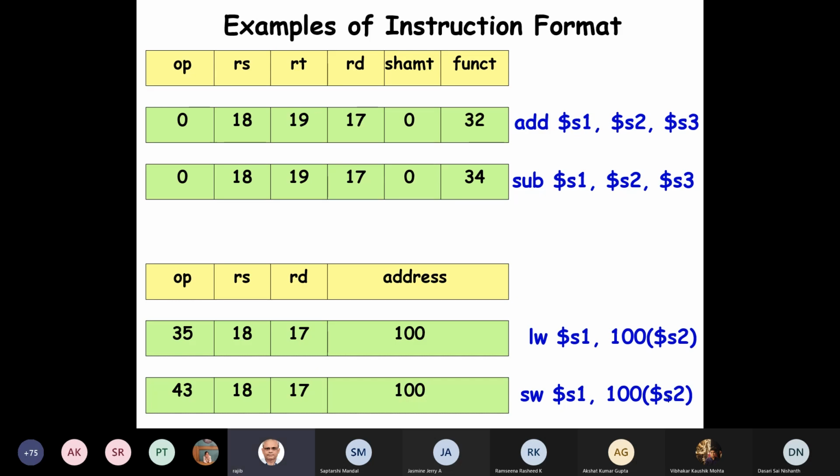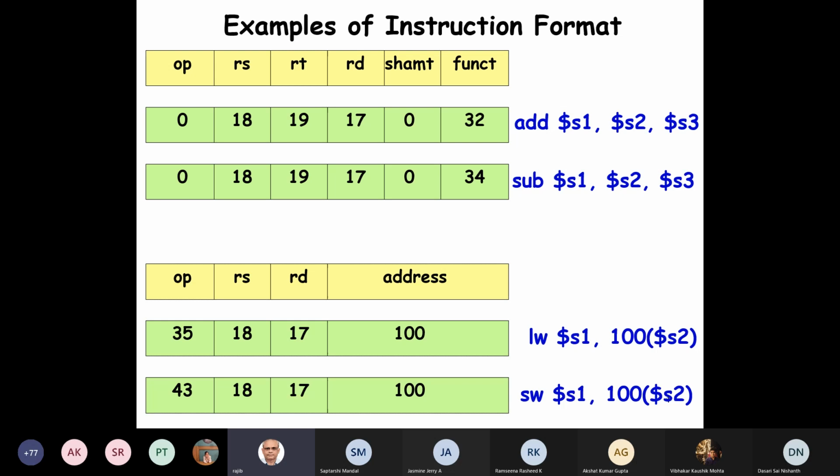Now let's look at some example formats. ADD is the opcode 0, and then the 3 registers are encoded here, and the shift amount is 0 for this instruction, we don't use it. And 32 with 0 opcode implies add, and 34 with 0 opcode implies subtract.